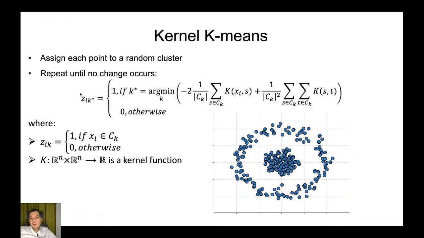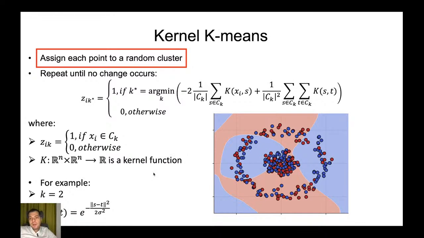So we just repeat this optimization step until the algorithm converges. And the good thing is that here we can replace, as I said before, the scalar product with a kernel function.